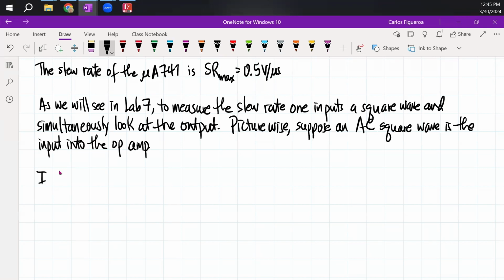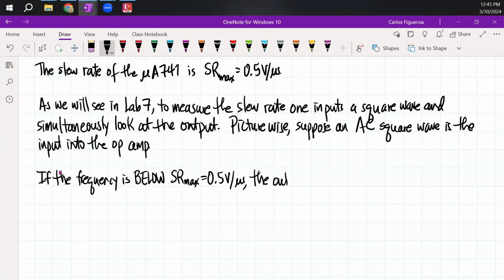Say that if the frequency is below SR max, and in this case, that would be 0.5 volt per microsecond, the output waveform looks identical to the input waveform.